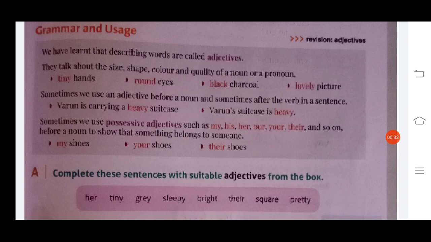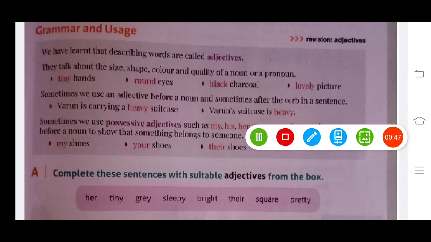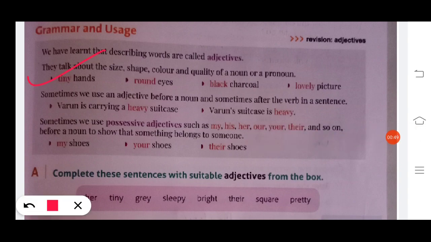Let us begin now. We have learnt that describing words are called adjectives. Adjectives are the describing words, the words that describe a noun. They talk about the shape, size, color, quality of a noun or a pronoun. For example, tiny hands. Hands is a noun.